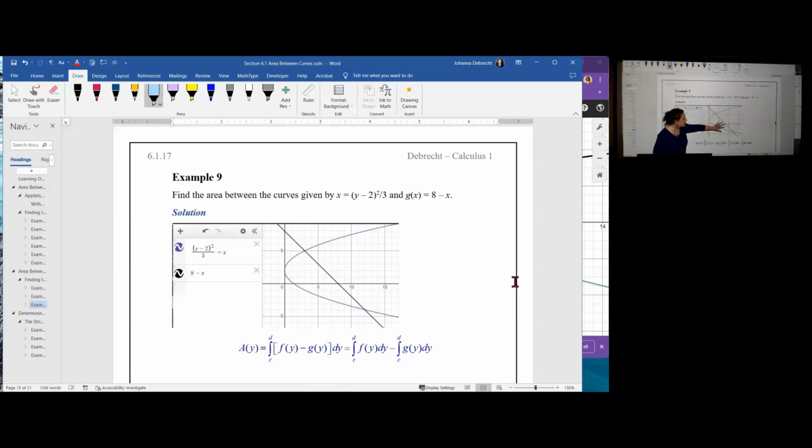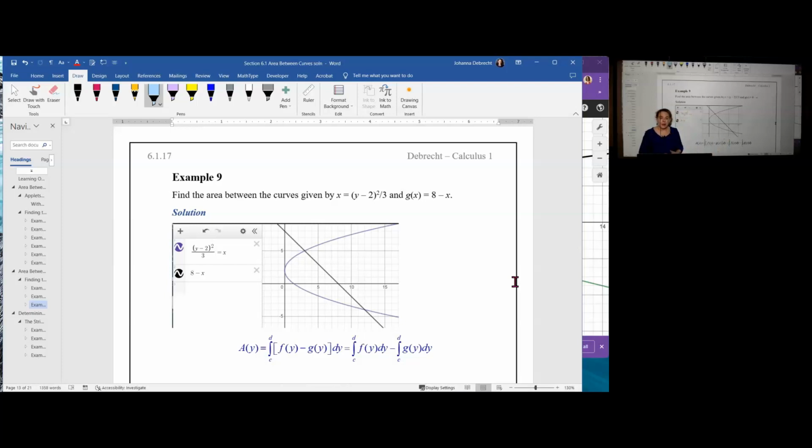Looking at the region here, again, you can see we have a right opening parabola. Right opening parabolas are not ideal for integrating with respect to x. We've seen this before. However, in this case, if we integrate with respect to y, we always have the line on the right and the parabola on the left.